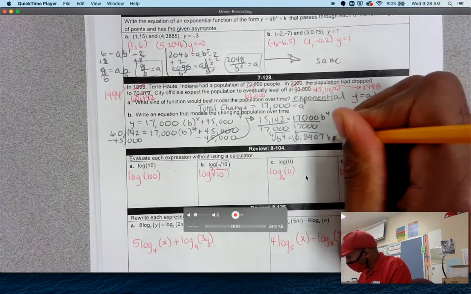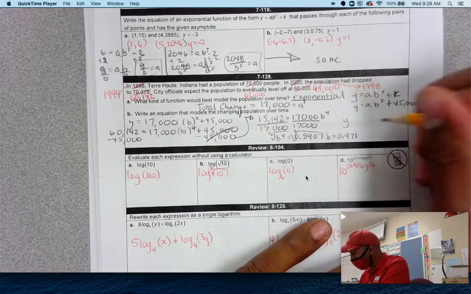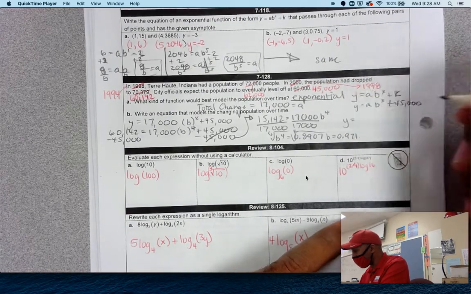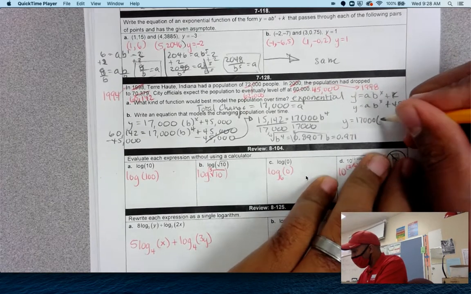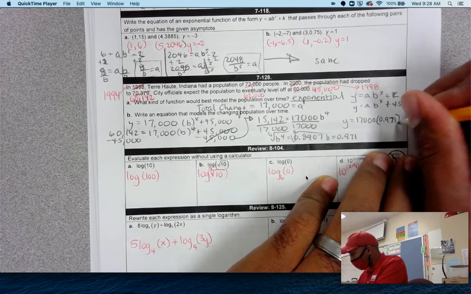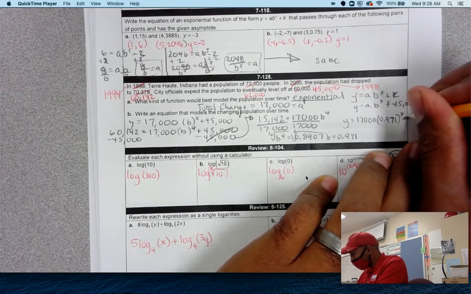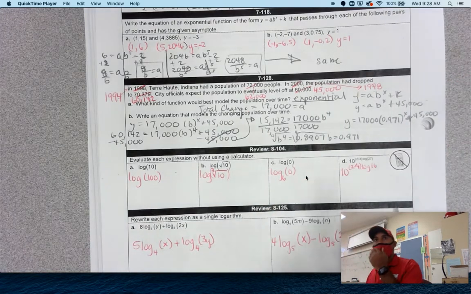So our equation is 17,000 times our b value, 0.971, raised to the x, plus 45,000.